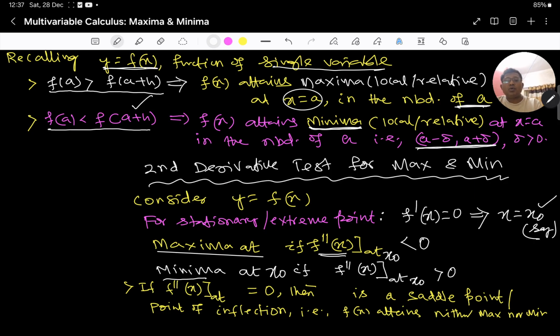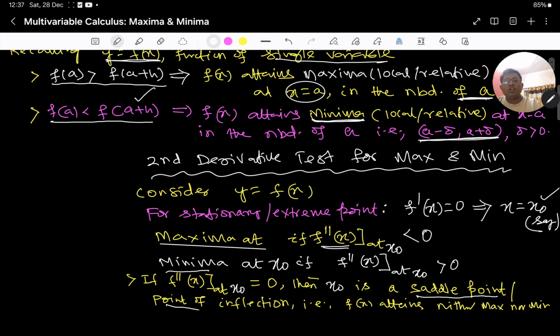Now if the second derivative at x0 is equal to 0, then this x0 is a saddle point or point of inflection. Point of inflection means f(x) doesn't have maxima or minima at x0. So this is the idea of maxima and minima for function of single variable.